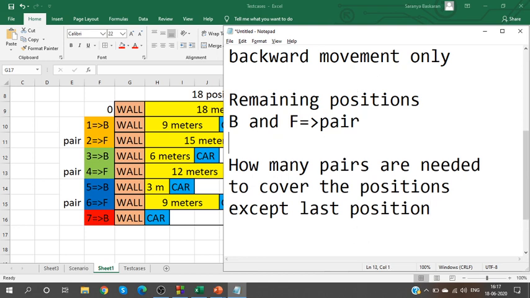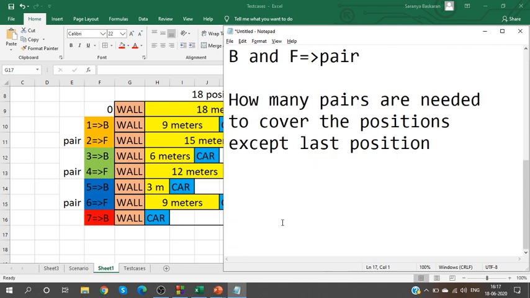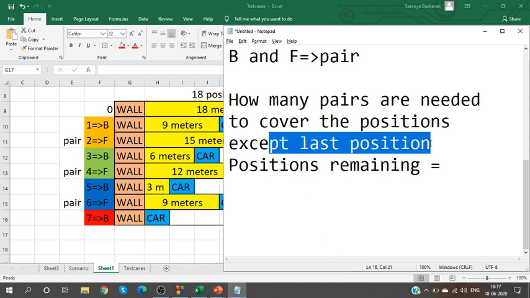Can you understand the question? Yes, we'll move it step by step. Except the last position, to cover the remaining positions, how many pairs are needed? In this case, I need 3 pairs. In some other case, I will need 4 pairs. How can I calculate that? See, what is the distance? Positions remaining. Which one did I tell you to ignore? Except the last set of positions.